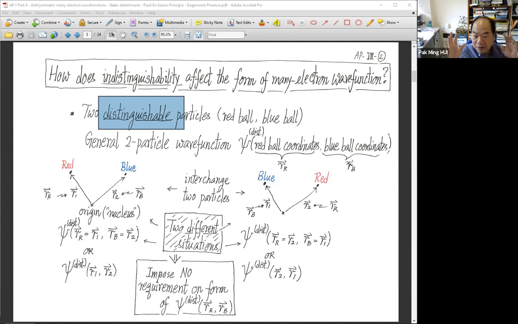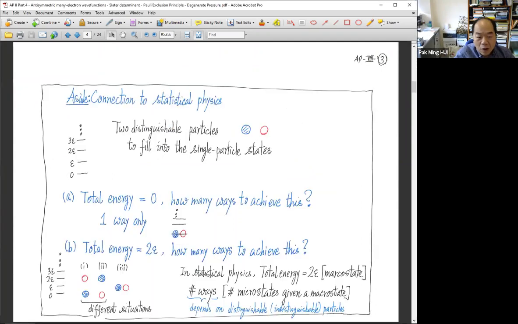Do you get that? If they are indistinguishable, then this so-called two situations is just one situation. Okay, do you understand? You get this point? If you get this point, then everything follows nicely, okay? So now let's move on.